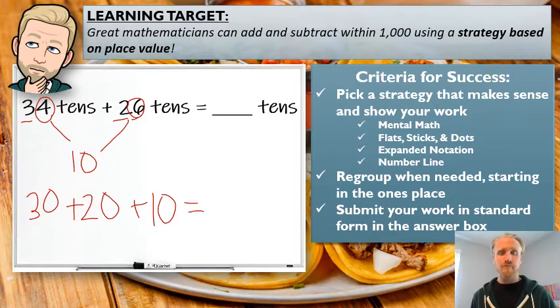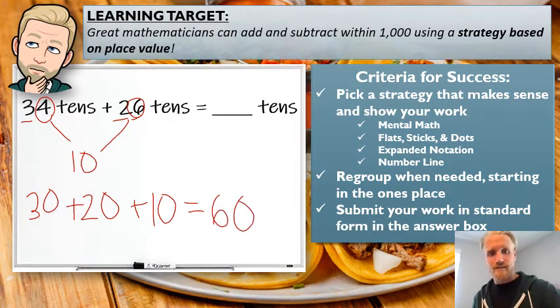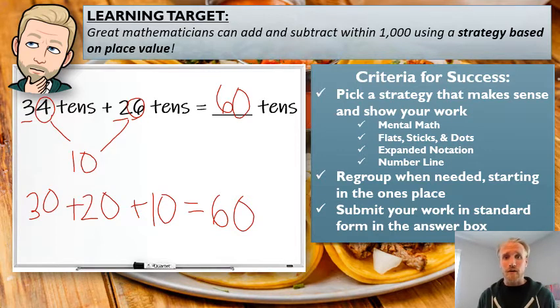So what does that equal up to? Yeah, all right, exactly. 30 plus 20, 3 plus 2 is 5. 5 plus 1 is 6, so we have 60 tens. All right, bonus right here. How would we write that into standard form? 60 tens.